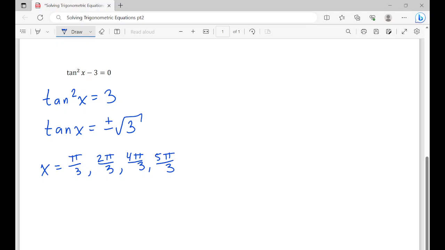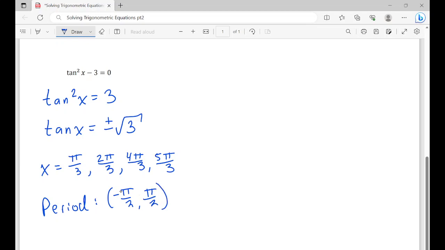But again, I have no interval stated, so I need to find the general solution. Now you have to remember that tangent has a period of pi, and there's also a vertical asymptote at pi over 2, 3 pi over 2, and so on. So I want to take one complete period of tangent, and I know the period of tangent is negative pi over 2 to pi over 2.